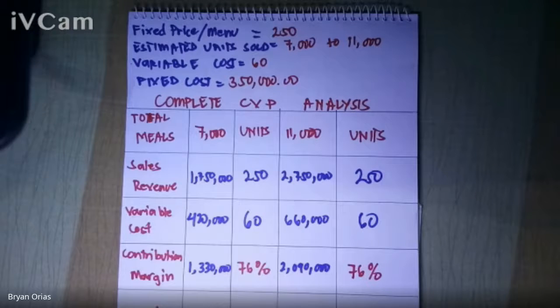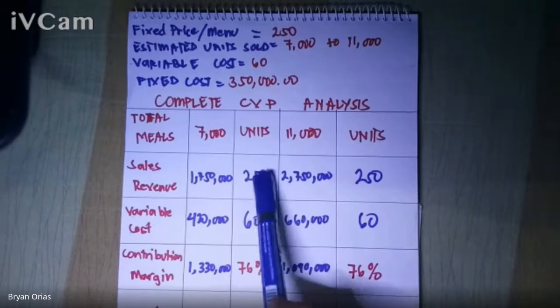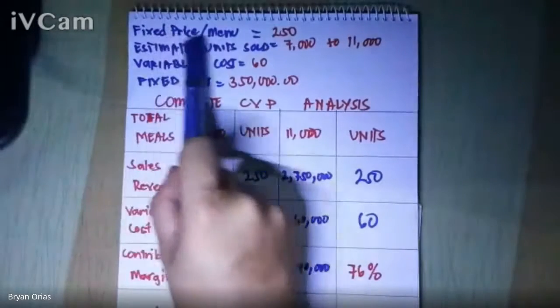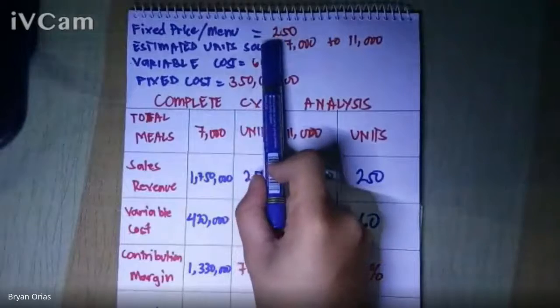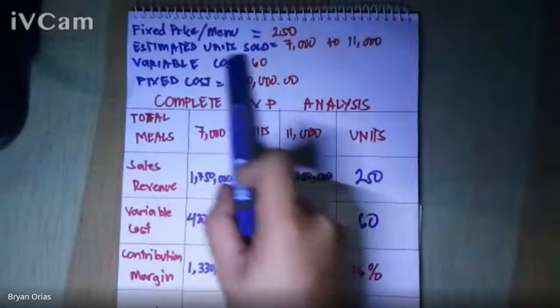So, let's suppose na in-assume nila na meron silang 7,000 to 11,000 units sold and then their variable cost is 60 pesos. Then their fixed cost is 350,000 pesos. To compute the sales revenue, simply multiply 250, which is our fixed price per menu, to our estimated units sold.